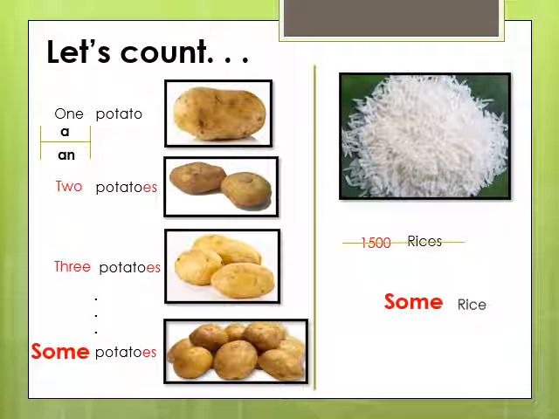So here we have two different nouns. We have the nouns we can count: 1 potato, 2 potatoes, 3 potatoes, 4 potatoes, and continue. We say count nouns or countable nouns.